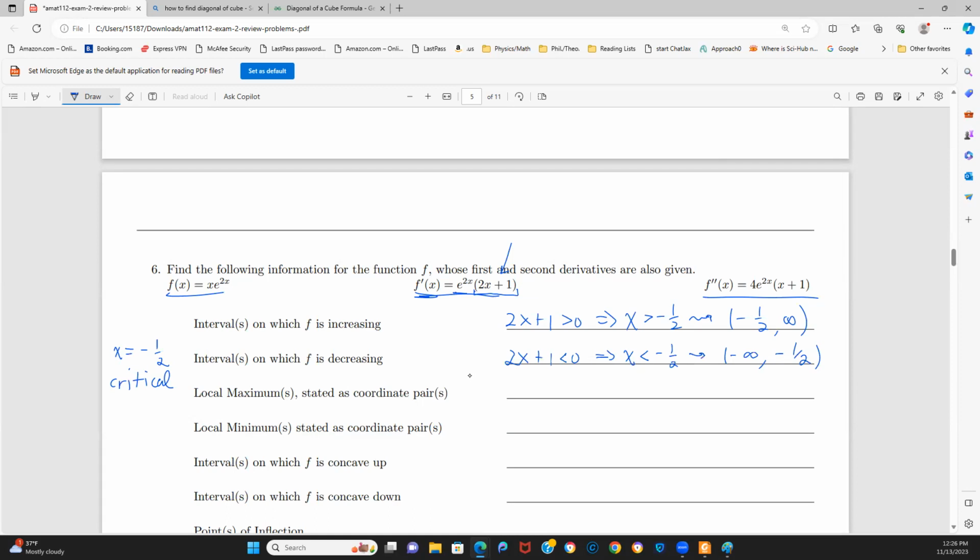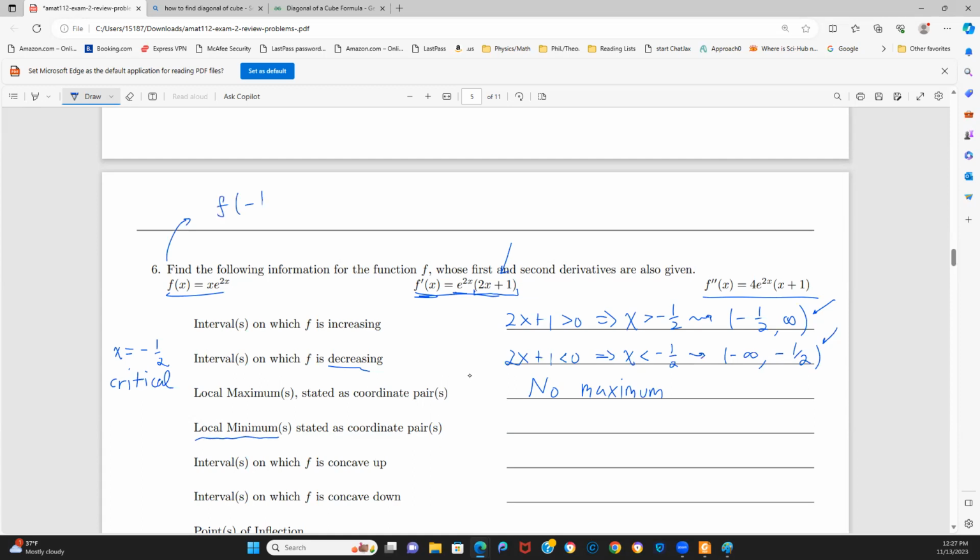If you notice, what this says is that to the left of negative 1/2, we're decreasing, and to the right of negative 1/2, we're increasing. So decreasing to increasing means we have a local minimum. So there's no local maximum, but there will be a local minimum, and it will be at negative 1/2.